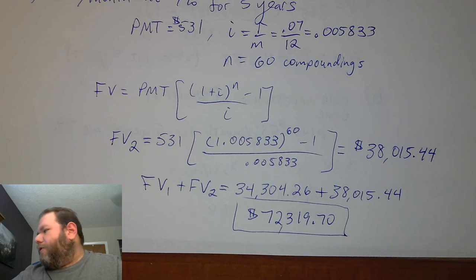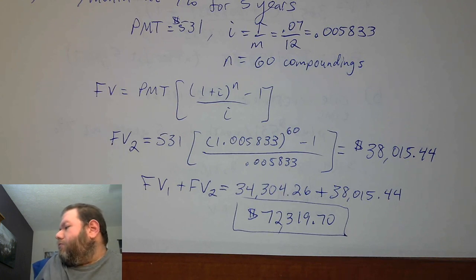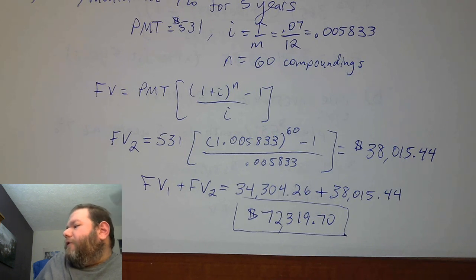That's the time when we would subtract, if we want to calculate the interest that was actually earned. And that may come in the next part when they want us to find it.